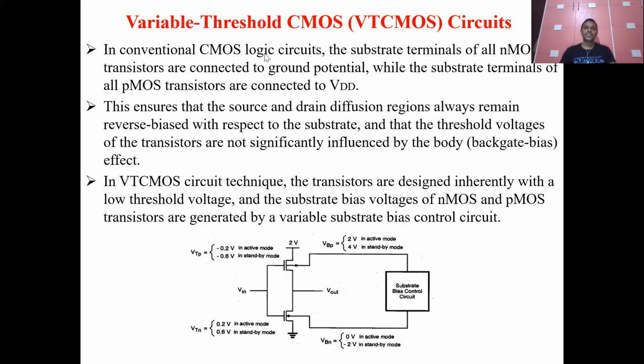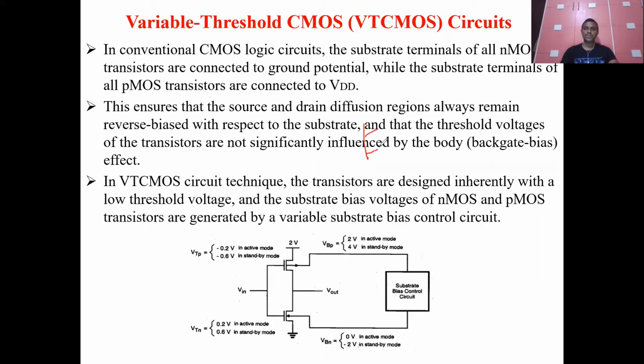In a conventional CMOS logic circuit, the substrate terminals of all NMOS transistors are connected to the ground, while the substrate terminals of all the PMOS transistors are connected to VDD.